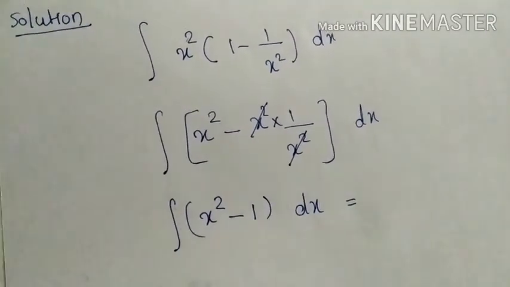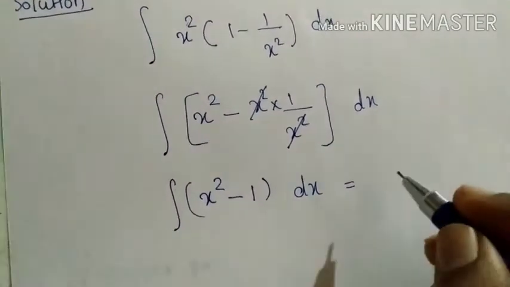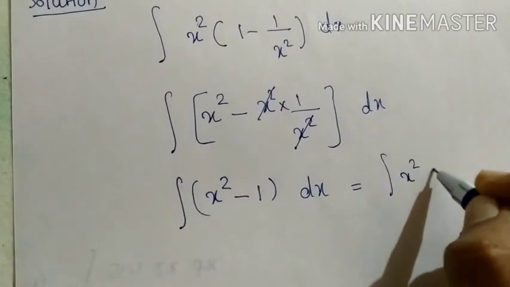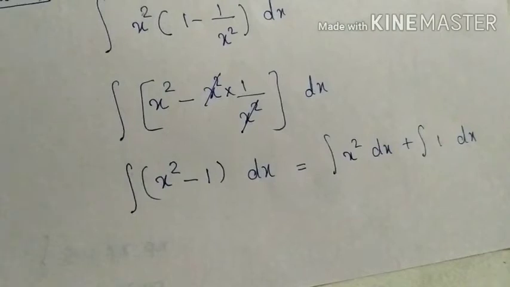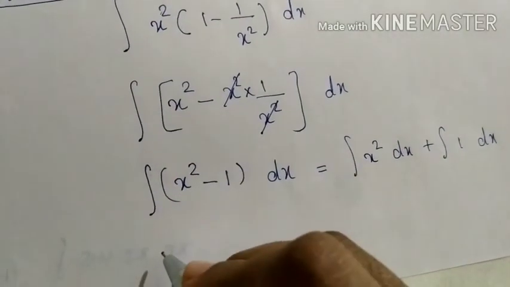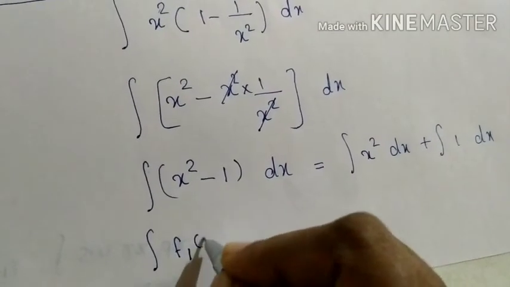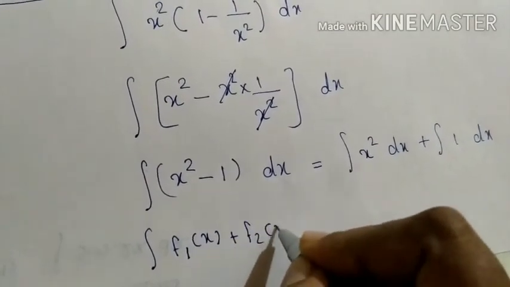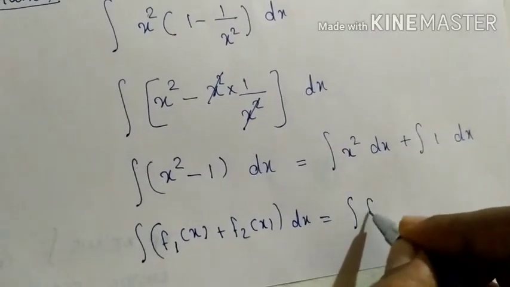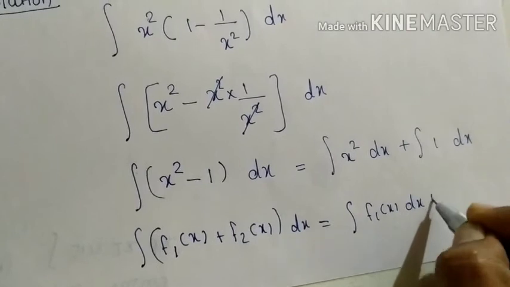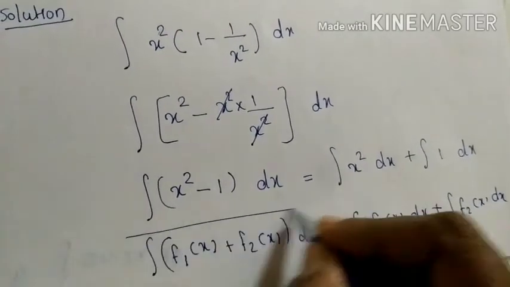Next, using the addition property of integration, we can write it as integral x square dx plus integral 1 dx. I hope you remember the addition property of integration, that is integral f1 of x plus f2 of x dx can also be written as integral f1 of x dx plus integral f2 of x dx.